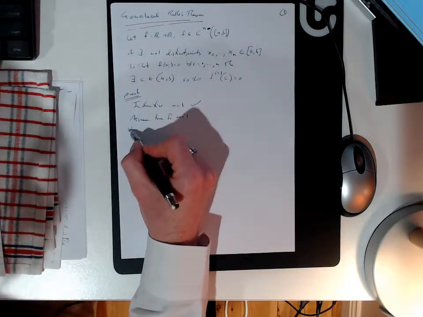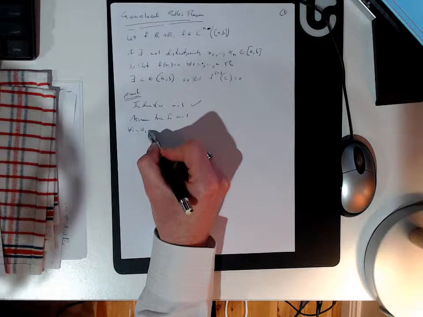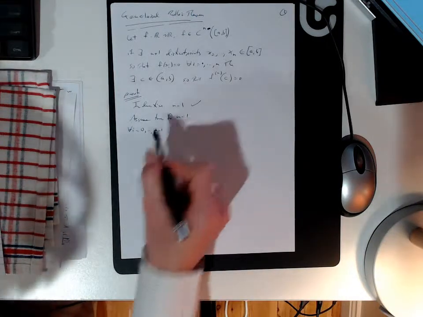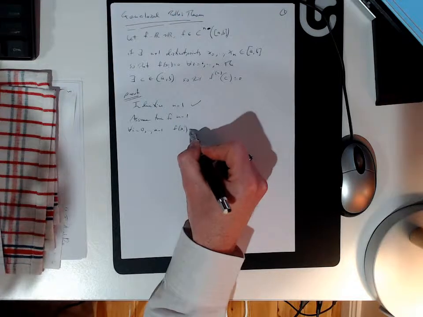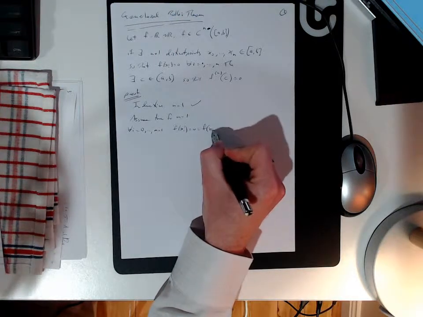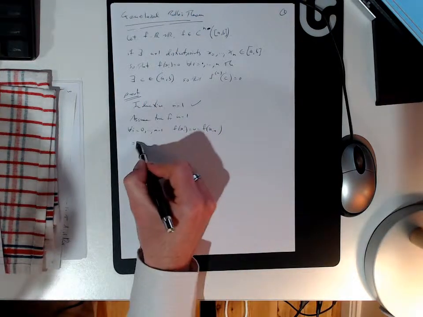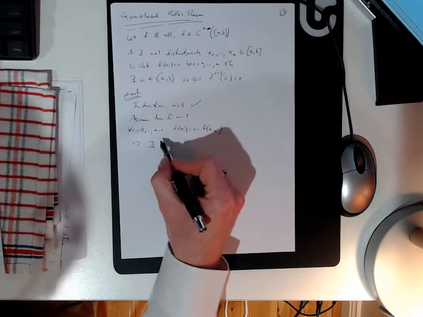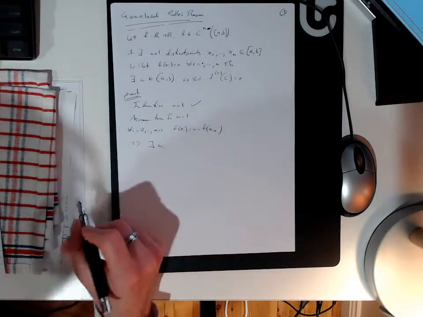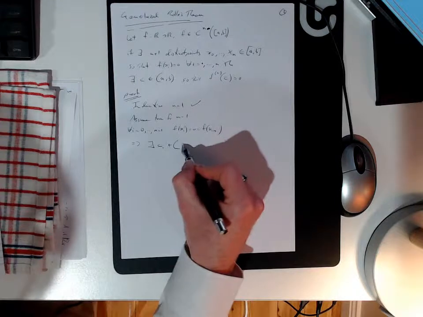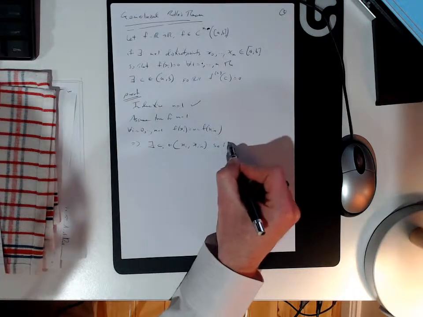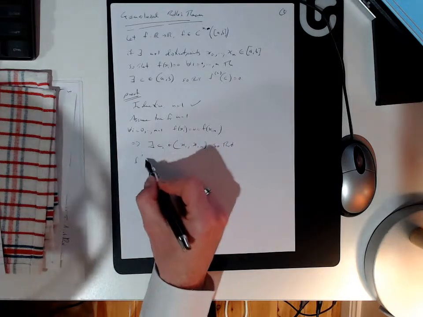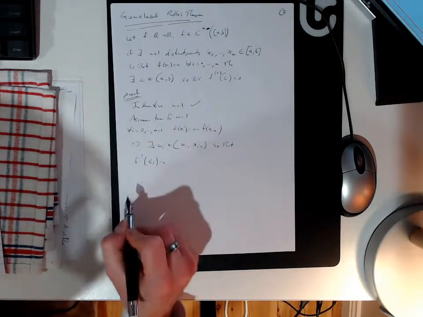So for all i equal to 0 up to n minus 1, we know that f(xi) equals 0 equals f(xi+1), and that implies that there exists a ci inside the open interval (xi, xi+1) so that f'(ci) equals 0.